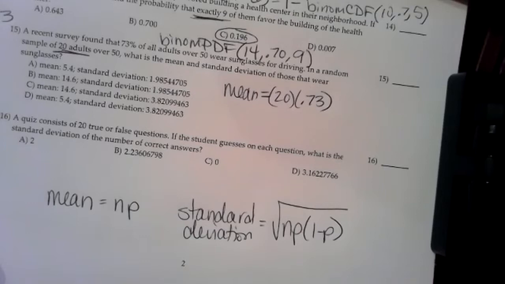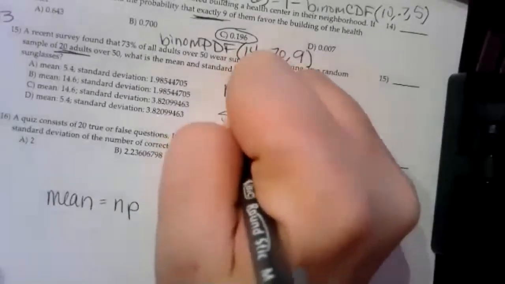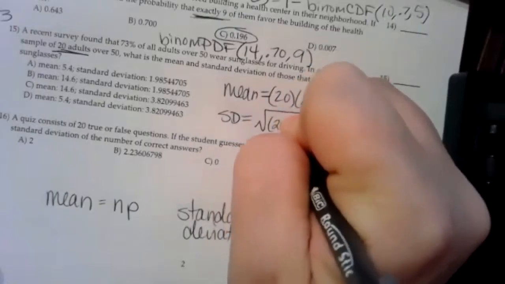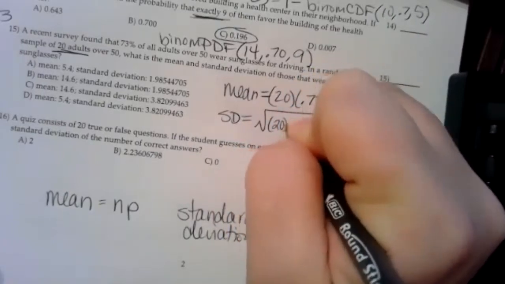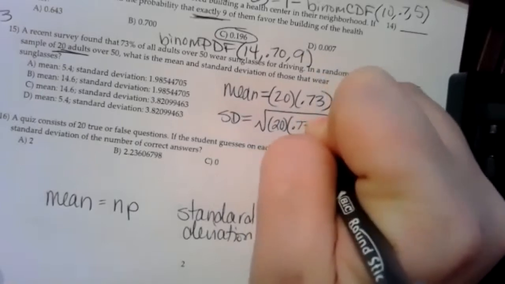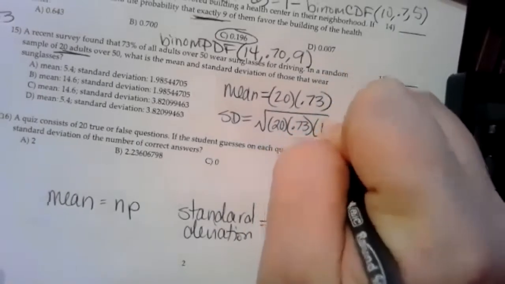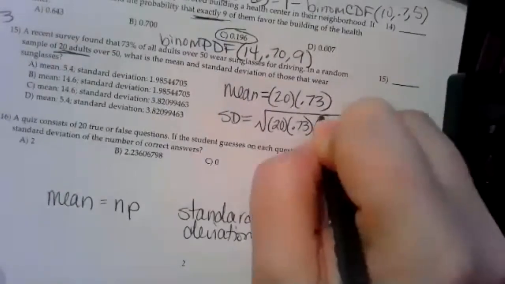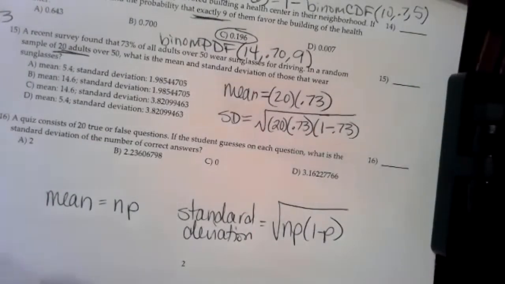For the standard deviation, I'm going to have the square root of n, which is our 20, times our p-value, 0.73, times 1 minus the p-value, 0.73. And that's how I'm going to get these values.